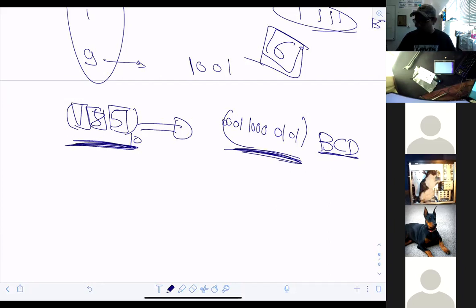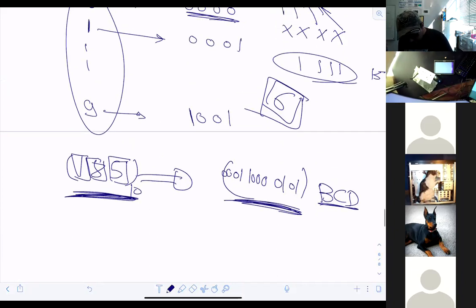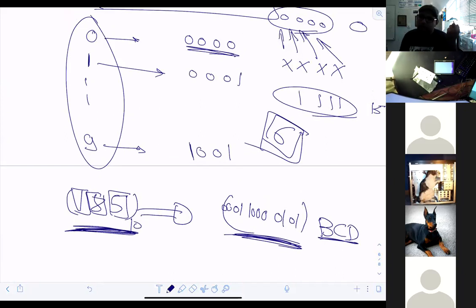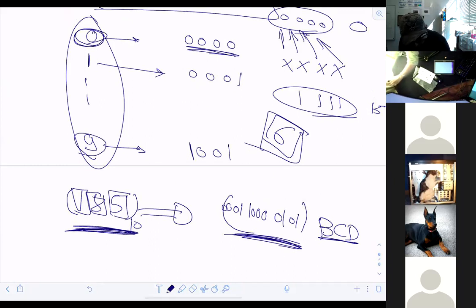Do you want me to repeat? Professor, can you repeat what you said about the 6 values? The 6 values are something I want you to keep in your mind. I already represented 0 to 9 in 4 locations, 4 digits in binary. Do you agree? Yes. And it stopped here at 1001.